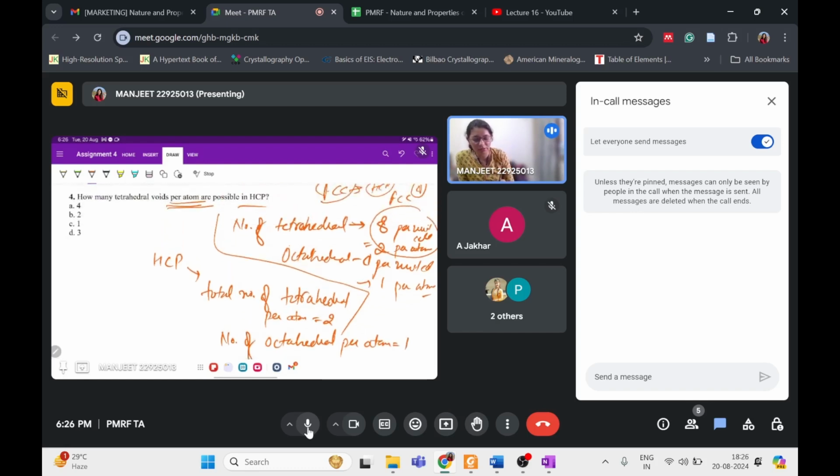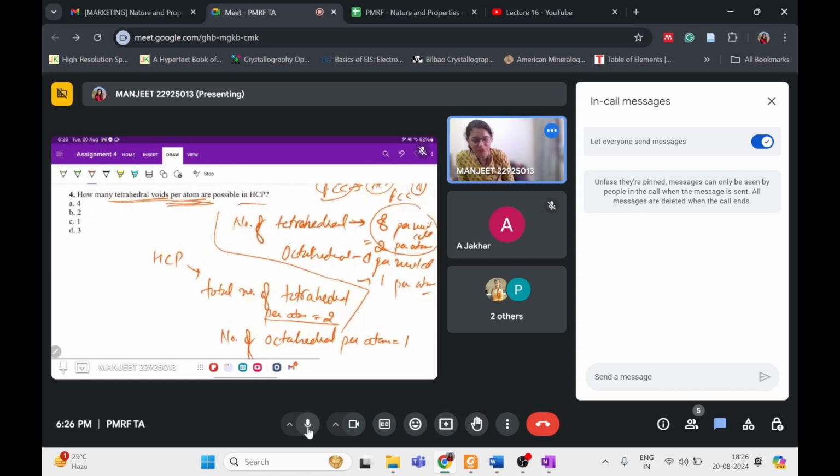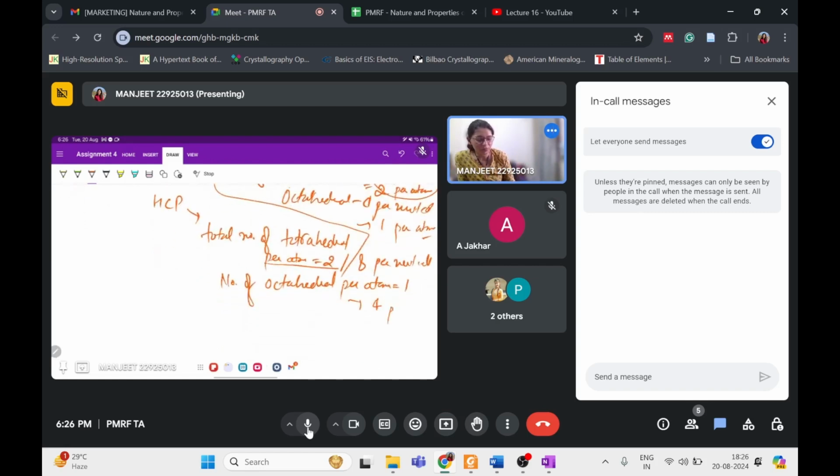Here it is asked about tetrahedral voids per atom, so it will be 2. If it is asked per unit cell, it will be 8 per unit cell, and octahedral will be 4 per unit cell.